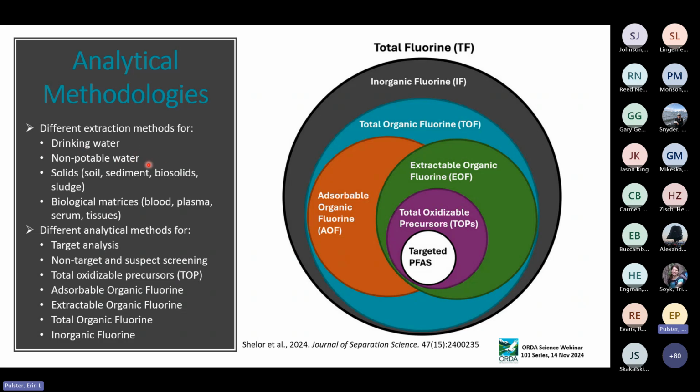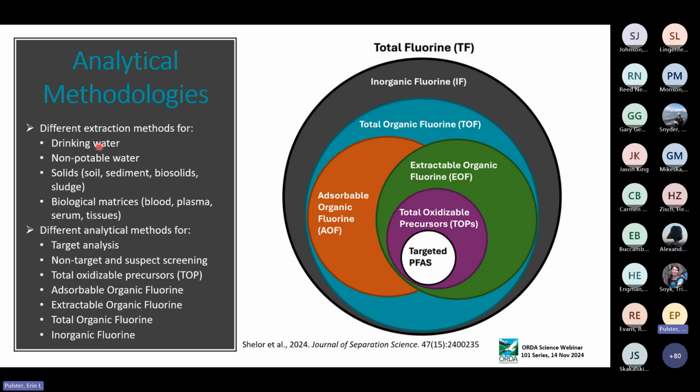EPA 533 and 537 are typically your drinking water. EPA 1633 is trying to include all of these, the non-potable, the solids, and the biological matrices.